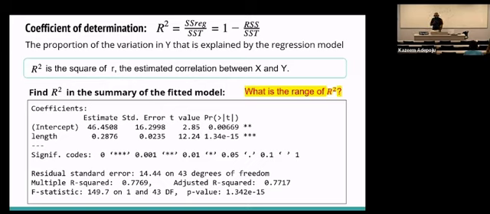You know what that means? It means out of 100% variation in the dependent variable, what is the dependent variable here? The dependent variable here is the NASA weight of kangaroo. The NASA length of kangaroo was able to explain 77.69% out of 100%.